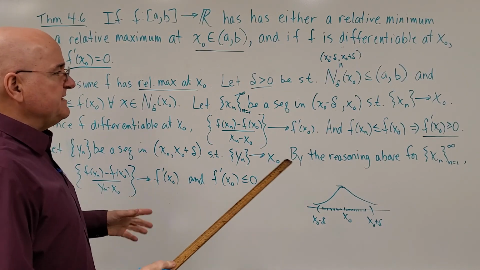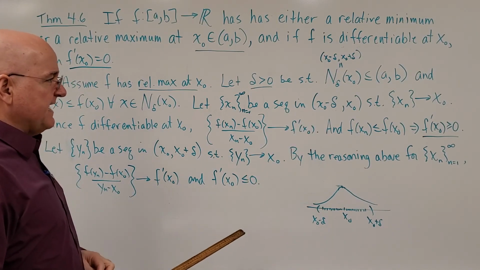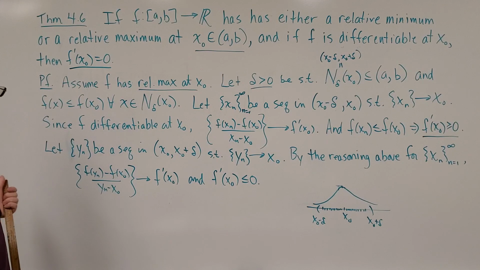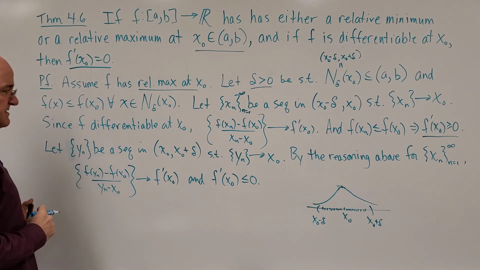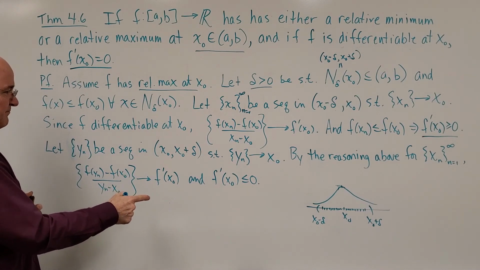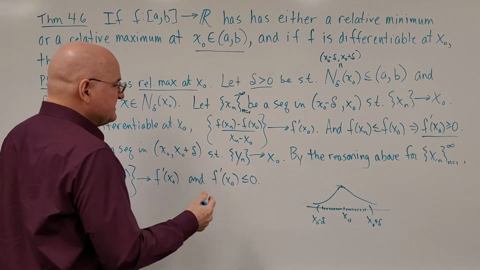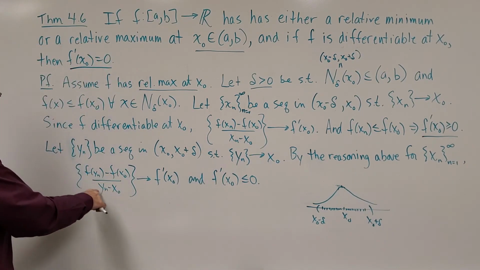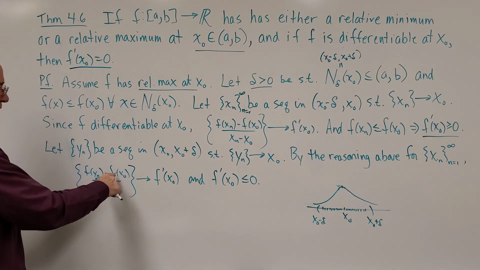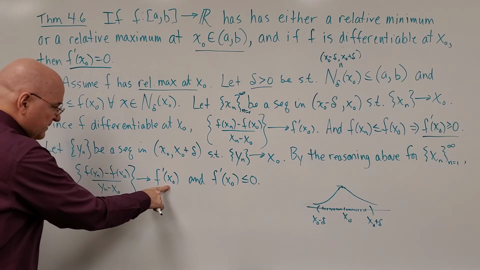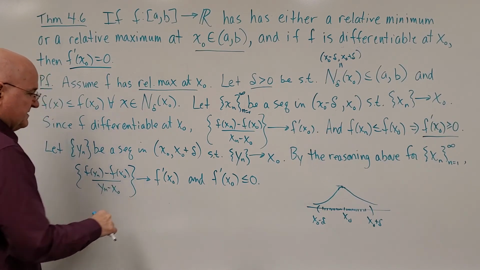By the same reasoning as above for the sequence x n's, we know that this sequence converges also to f prime of x naught, and in this case, f prime of x naught is less than or equal to 0. Every term in here would be strictly less than 0, so it's converging to a number that is less than or equal to 0.